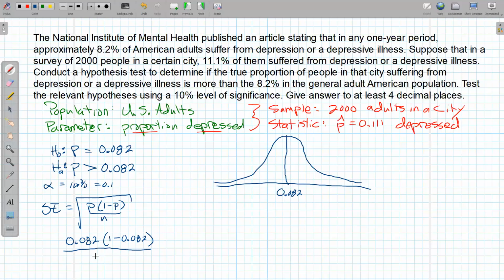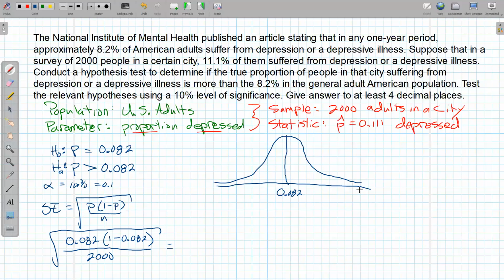So we plug that into a computer. I'll show how to do this on StatKey and on a spreadsheet, and I'll share the spreadsheet. I have to make that calculation to figure out that spread, which will help me figure out how far 0.111 is from 0.082. Then I can find the p-value.